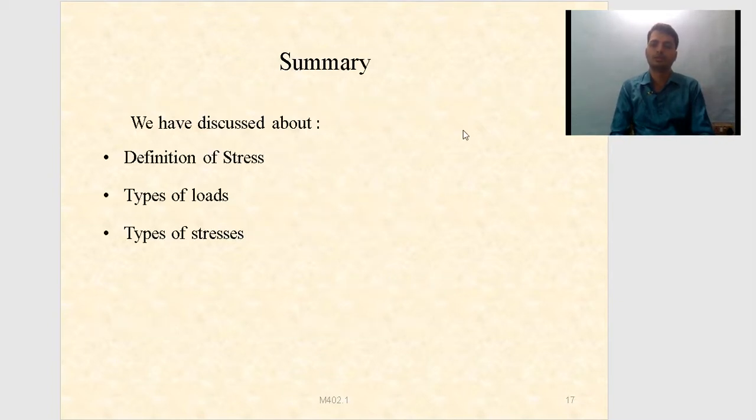Summary. Till now we have learned different types of loads and types of stresses.